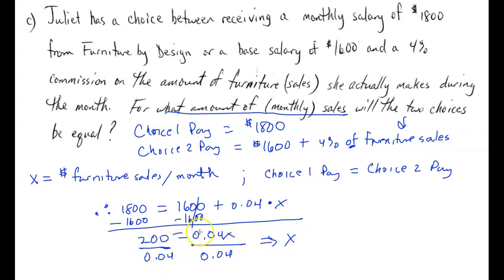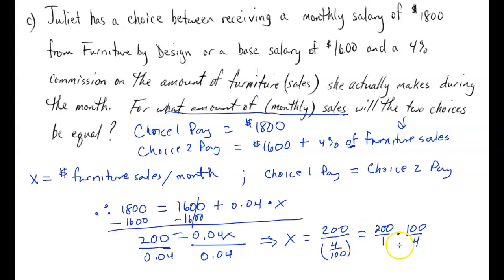And if you do this, notice that 0.04 is the same as 4 divided by 100, or 4 100ths. So here, if we're not using a calculator, we could divide this complex fraction as just saying 200 over 1 times 100 over 4, or keep change from division to multiplication and then flip this fraction.